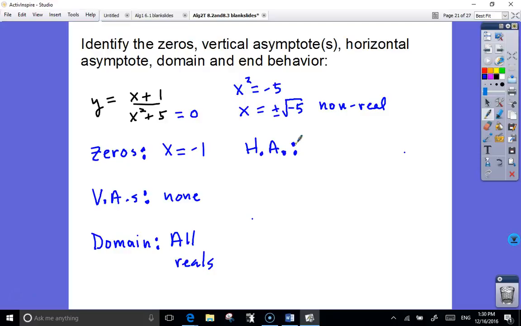Number 2, degree of the numerator is more. Or number 3, they're the same. One and 2, still that first rule, y equals 0. So the end behavior, EB, as x approaches plus or minus infinity, y approaches 0.